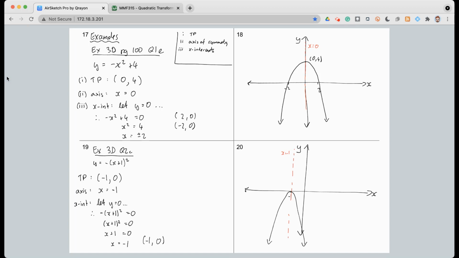Again, mine's quite wobbly, but you get the idea there. I don't like the fact I don't have the y-intercept, so I could just quickly substitute that in to see what I get. So I can let x equal 0. Therefore, y is equal to -0 plus 1 all squared, which is equal to -1. So technically that's supposed to be -1 there.